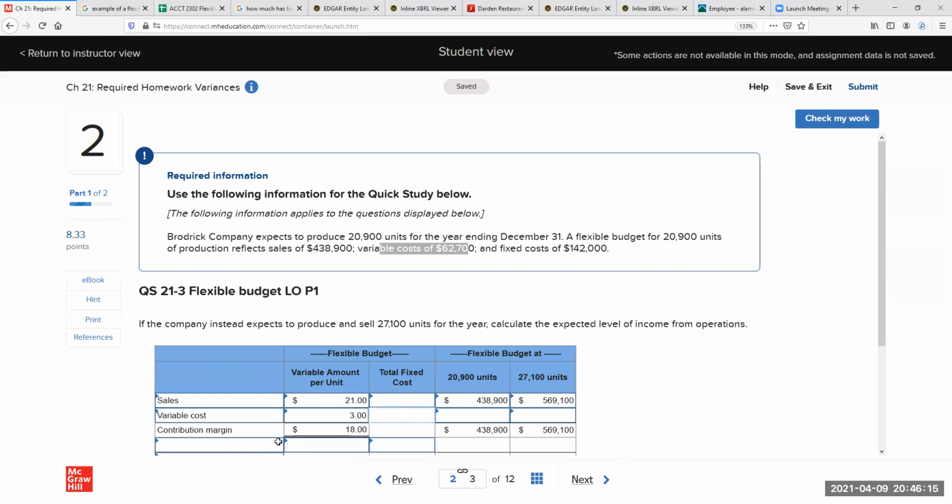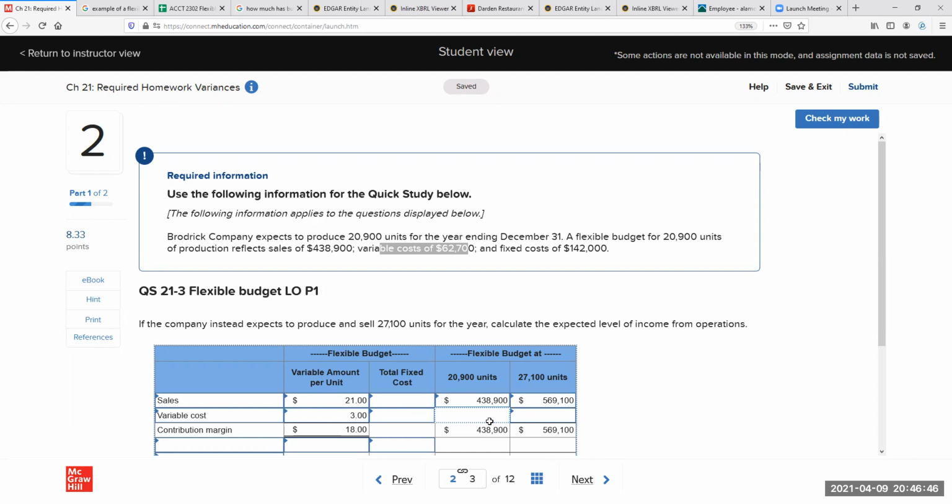So where are my fixed costs? All right, so total fixed costs are 142. Is that what it wants there? Oh, this is 20,900. So my sales are 438,900 divided by 20,900, so my sales are 21. All right, so now here are my sales.